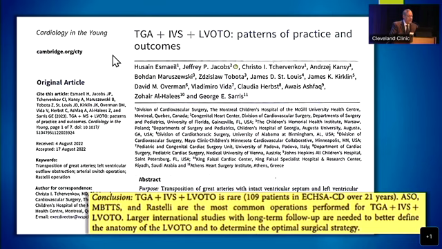It was published in Cardiology in the Young, looking at the patterns of practice and outcomes of patients with TGA, intact ventricular septum and outflow tract obstruction. As you can see, it is rare: 109 patients only in the database over 21 years. Arterial switch, shunts and Rastelli are the most common operations performed for this particular subset of anatomy.